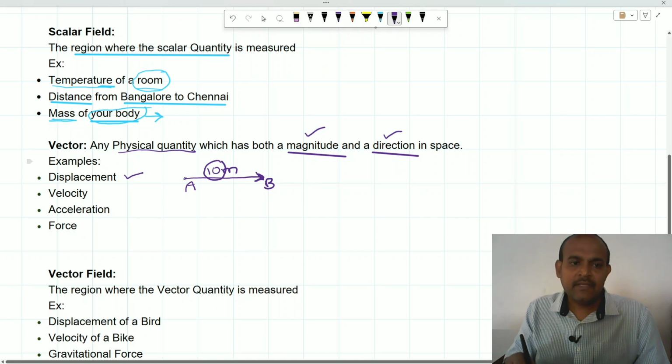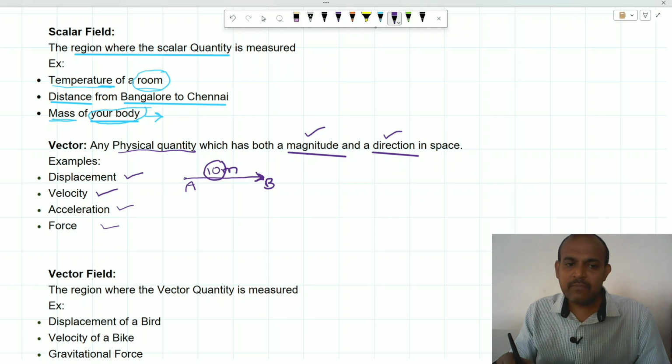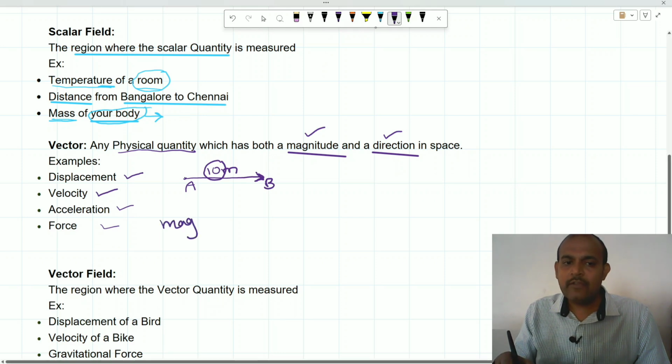Similarly, next is velocity: so many kilometers per hour in a given direction. Similarly, acceleration and force. Force is also a vector quantity. All these are vector quantities which have some magnitude, and along with this magnitude, we also talk about in which direction it is measured.